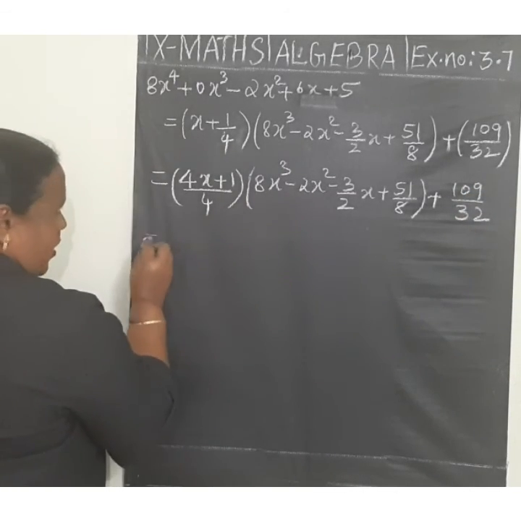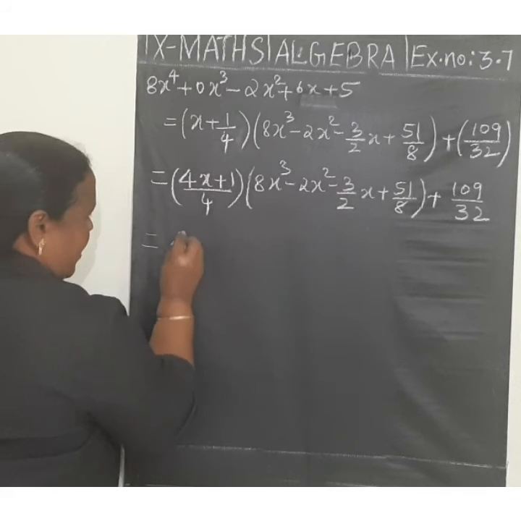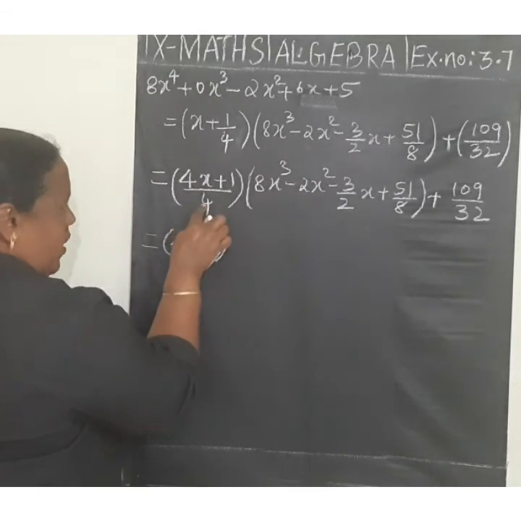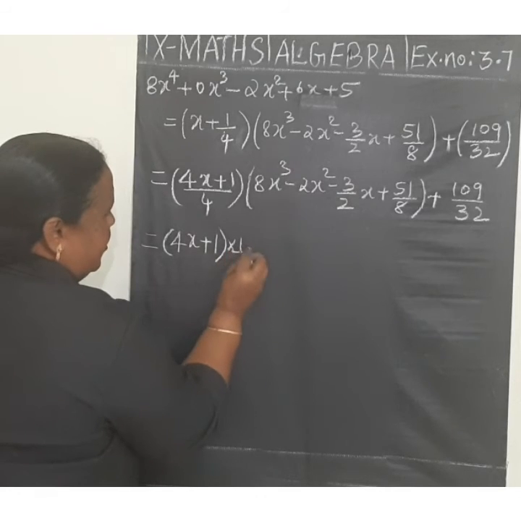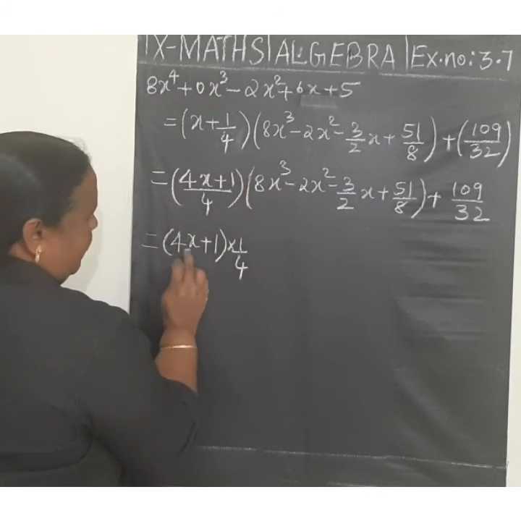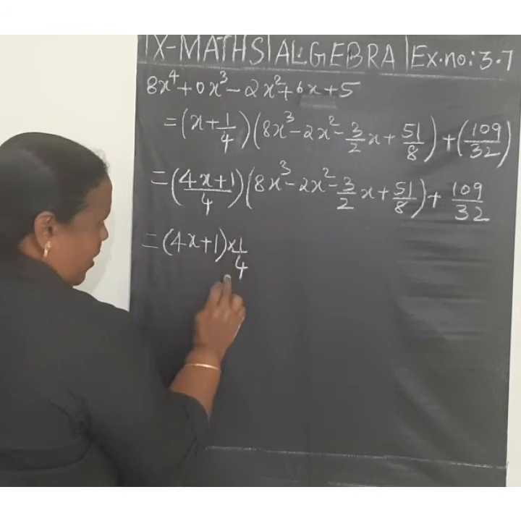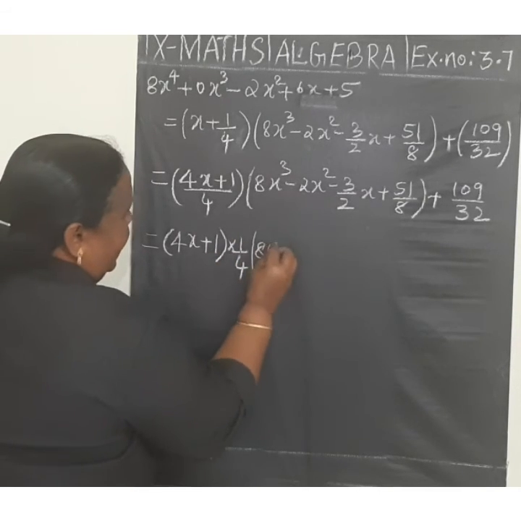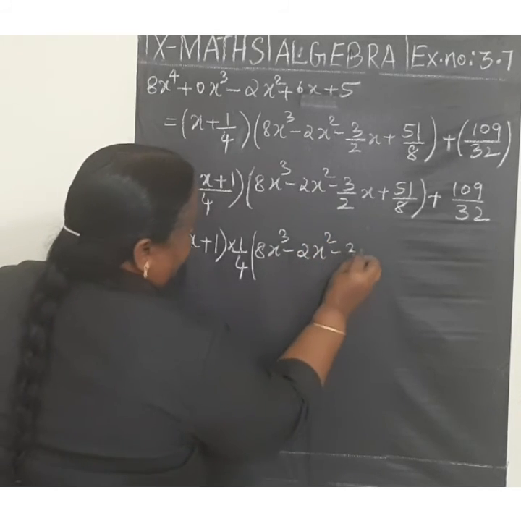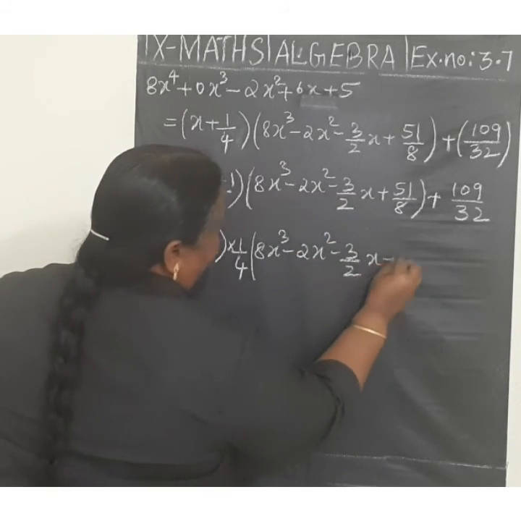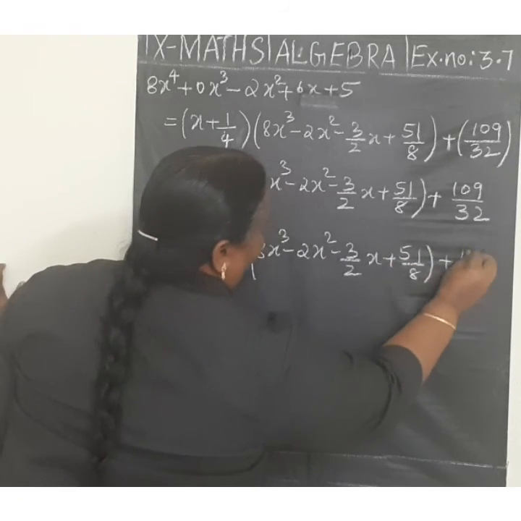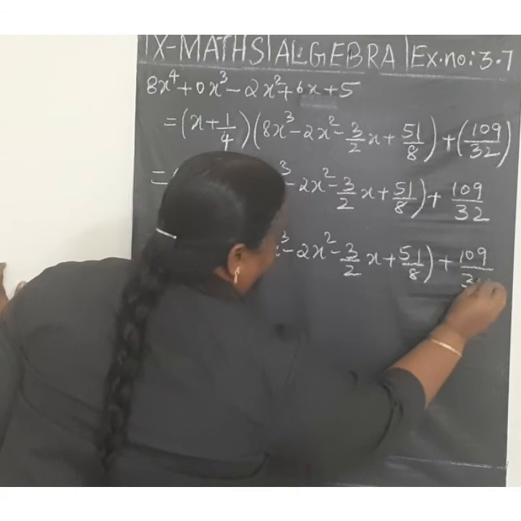Now this is equal to 4x plus 1, as it is. Then this 1 by 4 we write as into 1 by 4, taking it out. So it's 4x plus 1 into 1 by 4 into 8x cube minus 2x square minus 3 by 2x plus 51 by 8 plus 109 by 32.